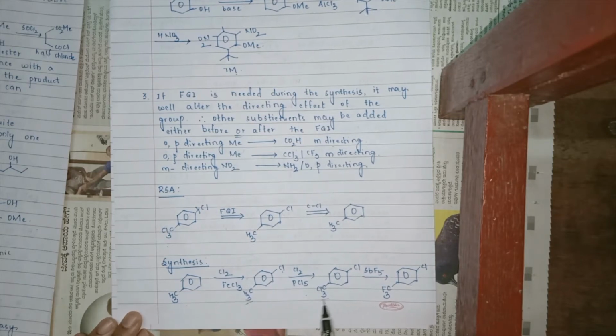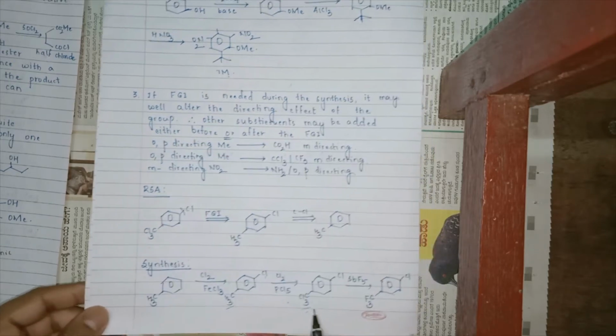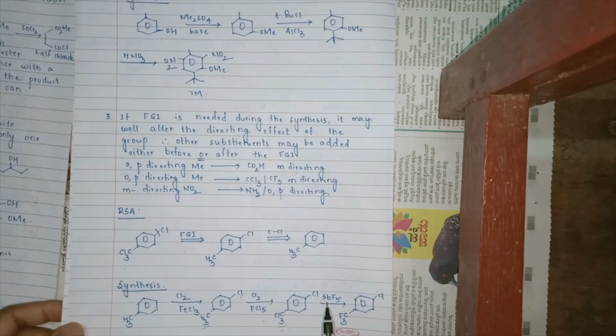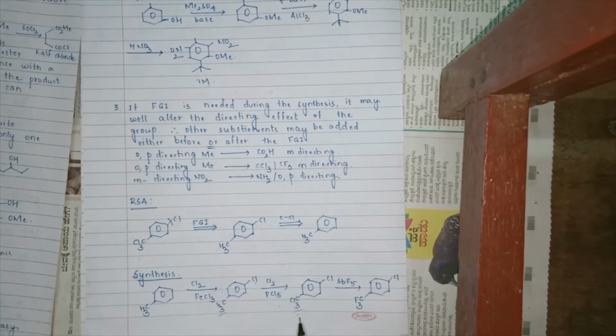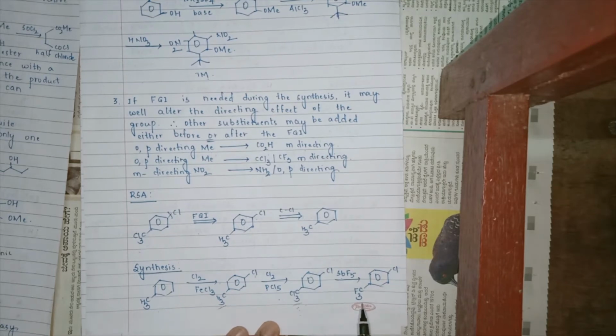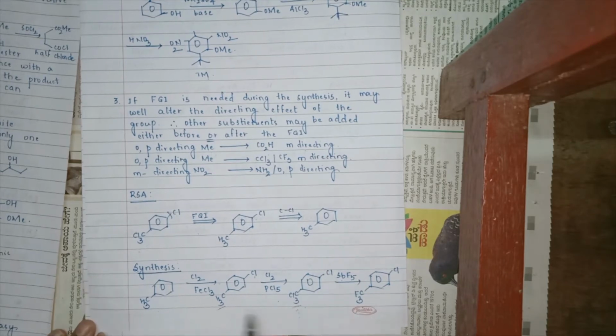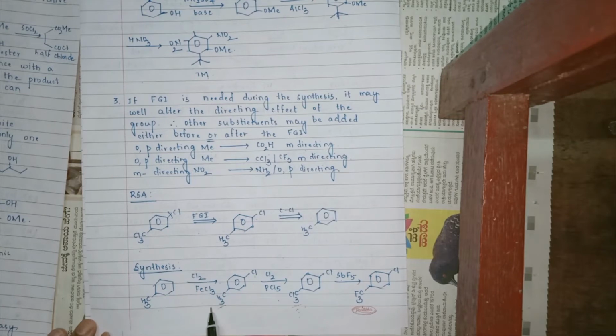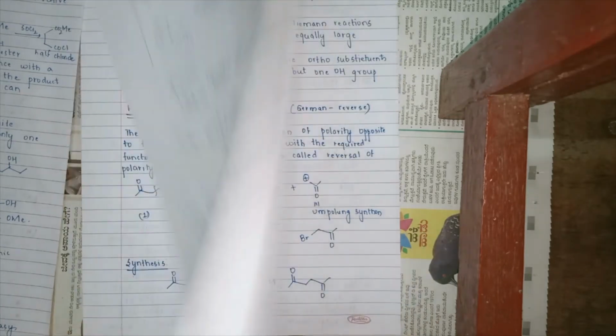If I want to replace this CCl3 also, in the presence of antimony pentafluoride, I can do another functional group interconversion. Instead of CCl3, I will now have a CF3 system. So either before or after the functional group interconversion, I can introduce certain groups.